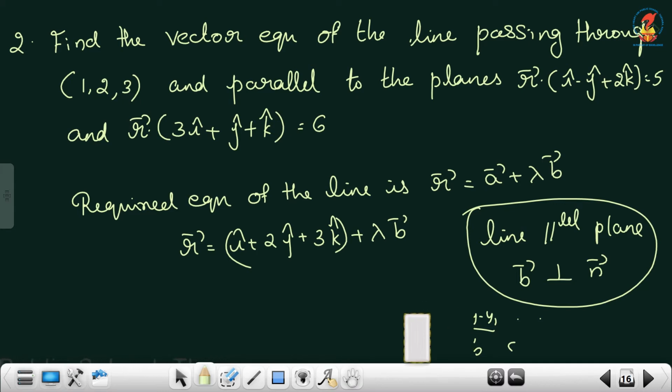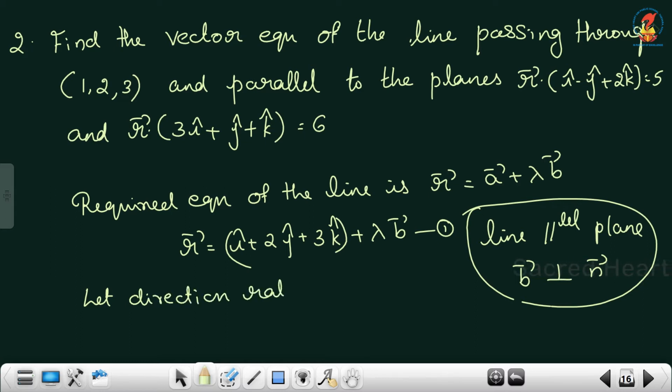In that way we have to write. Let direction ratios of b vector be small a, b, c. For normal we use capital letters.